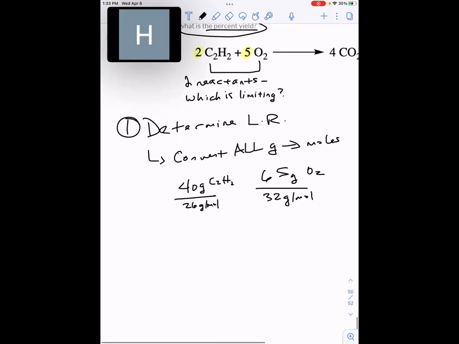All right, so what do we get for 40 divided by 26? Should be 1 point something. 1.54 moles.